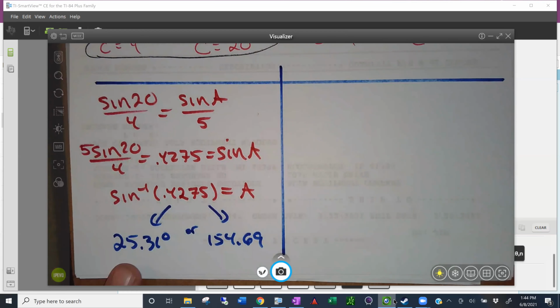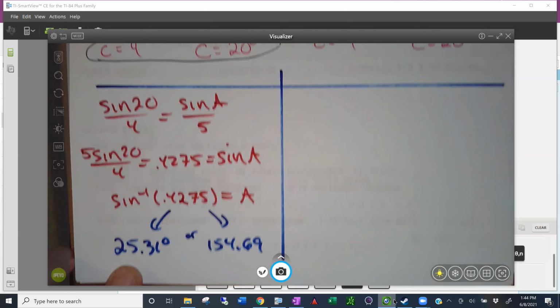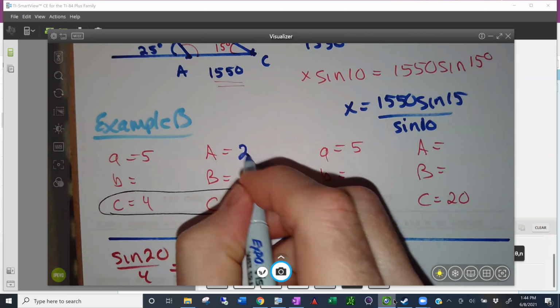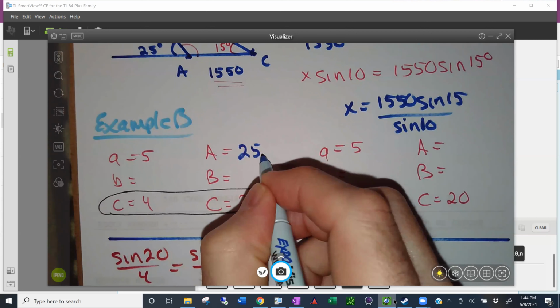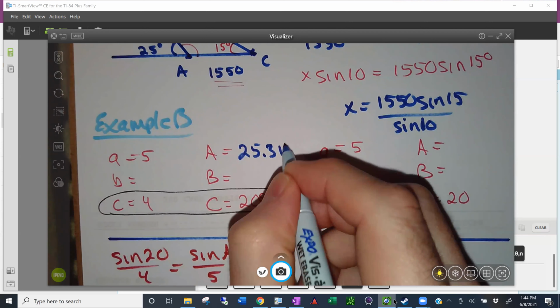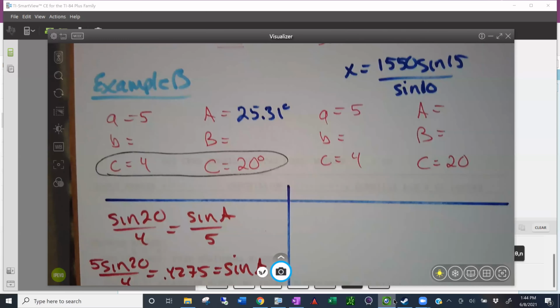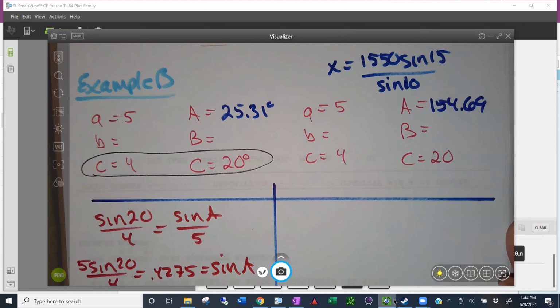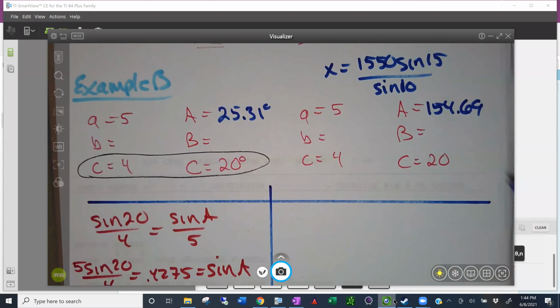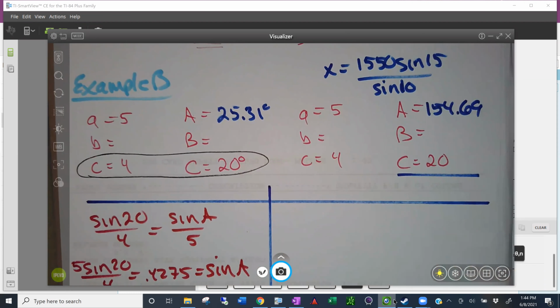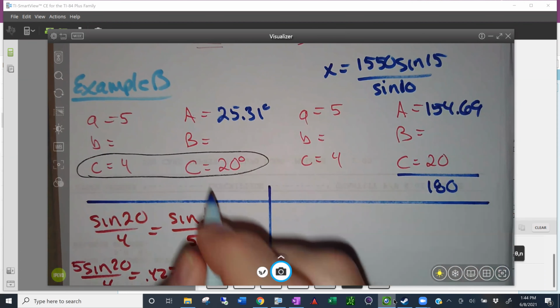Well, let's find out. Certainly I can squeeze in an angle of measure 25.31 degrees, so we're good there. But how about the angle of 154.69? Can I still form a triangle over here? Keep in mind, what does this have to add up to? 180, in both cases.